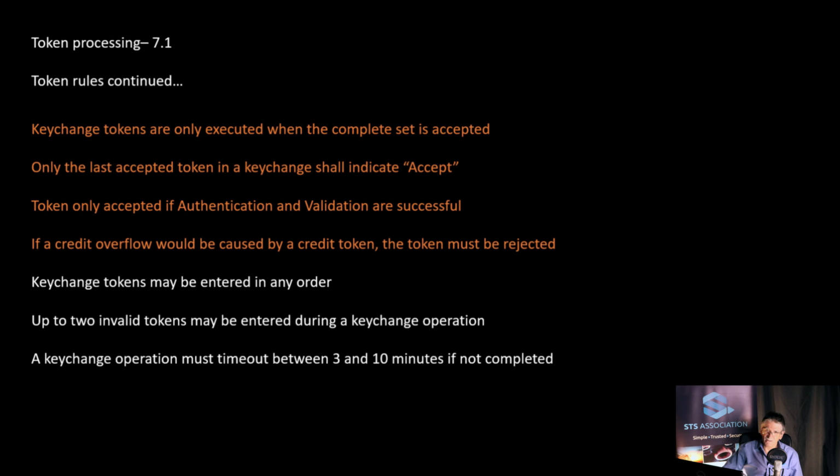Obviously, this token is then not written into the TID stack at all. Key change tokens may be entered in any order, either first one second or the second one first. Up to 2 invalid tokens may be entered during a key change operation. I've mentioned that already. And the key change operation must time out between 3 and 10 minutes if it has not been completed.